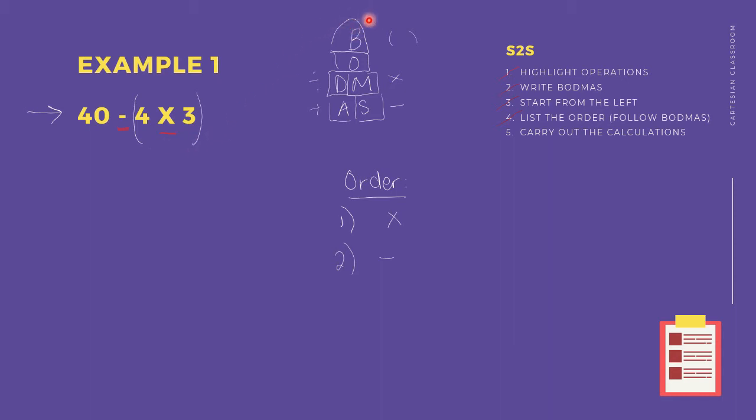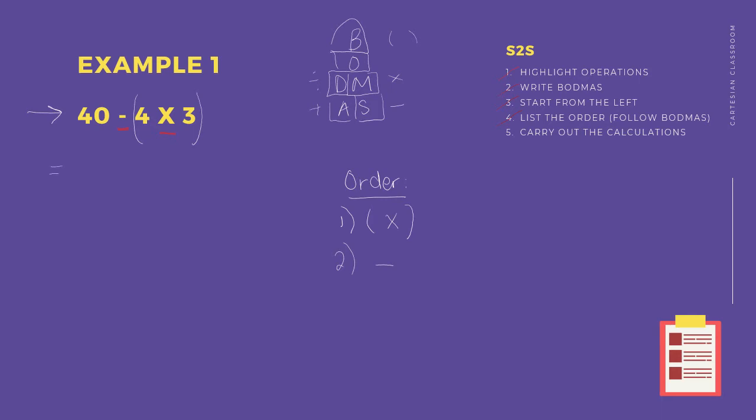Everything that is on top, you have to do that first. So B comes first. You have just added the bracket here because you need to do multiplication first. Okay? So we're going to do bracket first. Let me just erase that and rewrite it here. Bracket times, and then we're going to do minus.